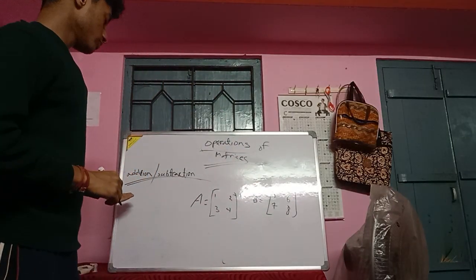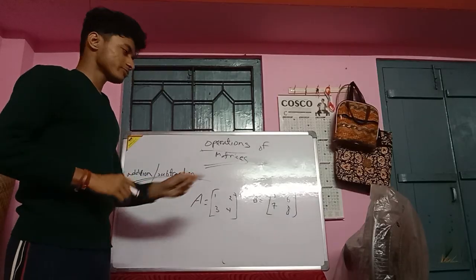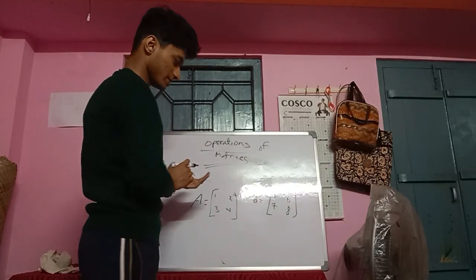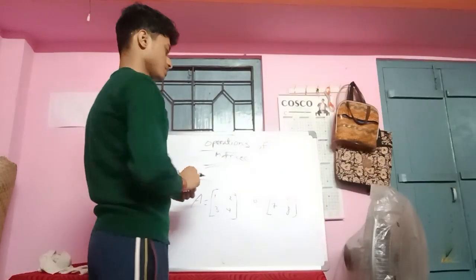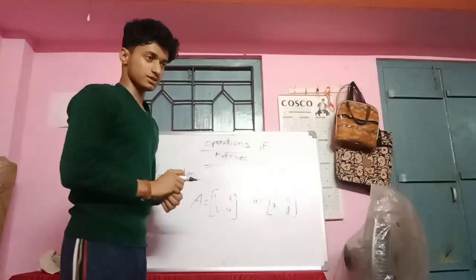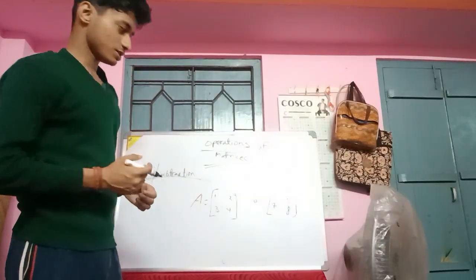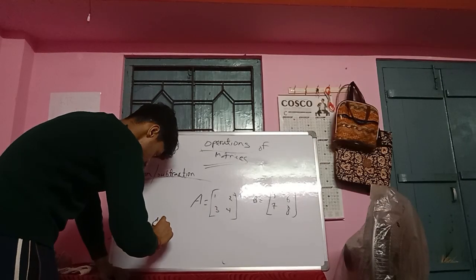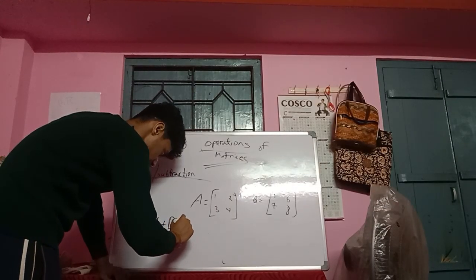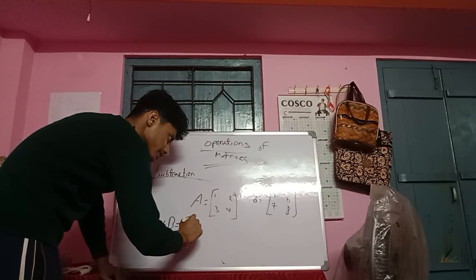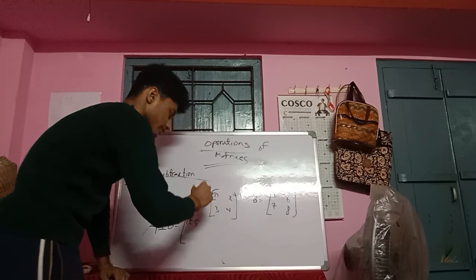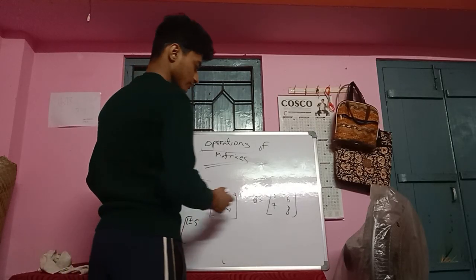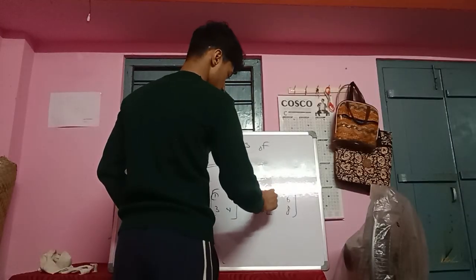Now, when we are asked to add or subtract these two matrices, what we would do is add or subtract the corresponding elements of both matrices, and the resultant matrix would be the result of those operations. So basically, what I'm saying is A plus minus B would be 1 plus minus 5, the corresponding element of this element 1 in matrix B would be 5.